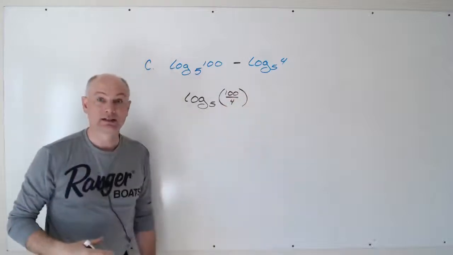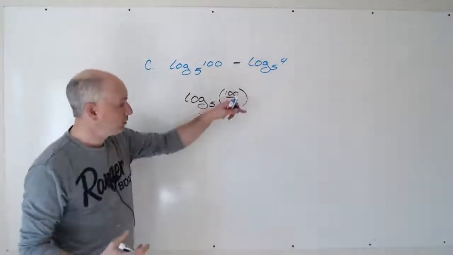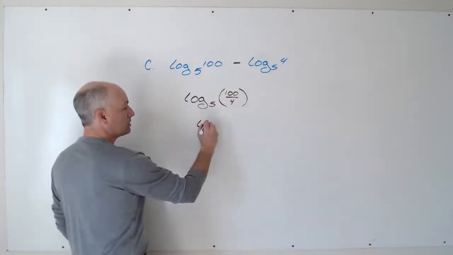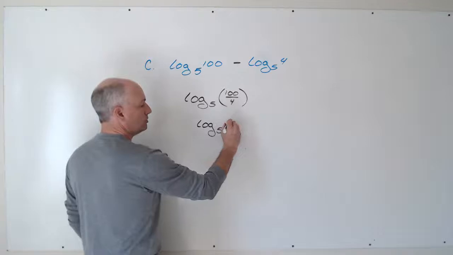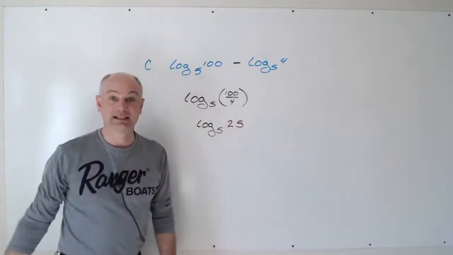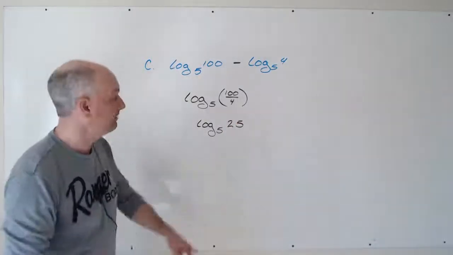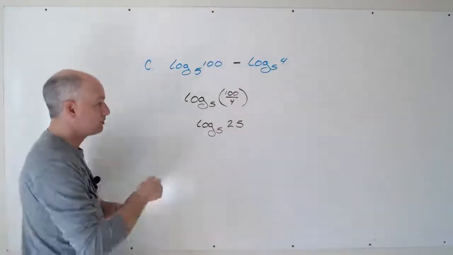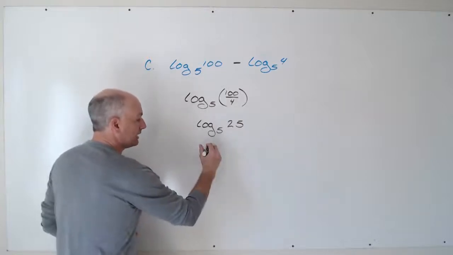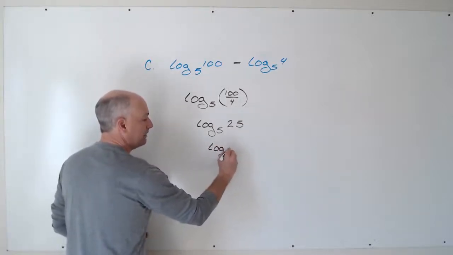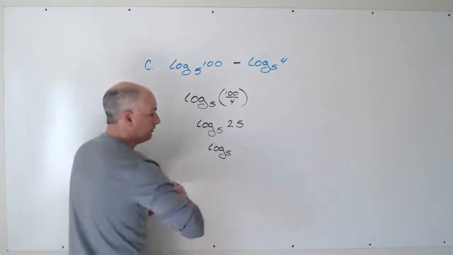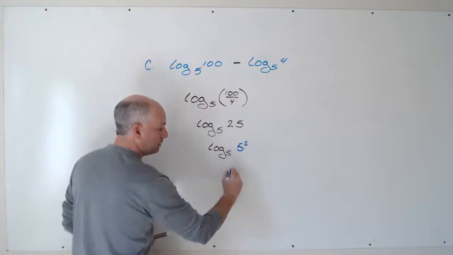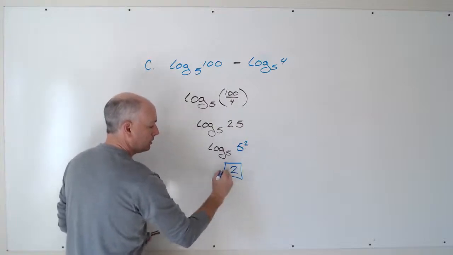Now you'll notice that in doing that, I can then perform the division 100 over 4. Well, that works out pretty nice, because then it gets us into something that is now workable with base 5. As we saw earlier, 25, we already know, is 5 squared. So that is essentially letting us say here, log base 5 of 5 squared. Log base 5 of 5 squared then will just be 2.